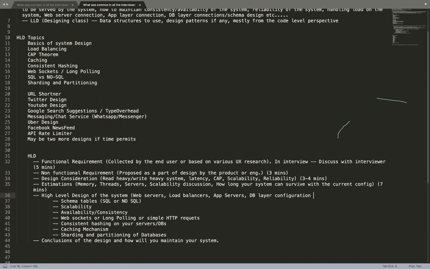So the remaining 25 minutes are given to this part, and maybe a minute or two to this. And that's it. That's how a 45-minute interview is generally expected to be completed.